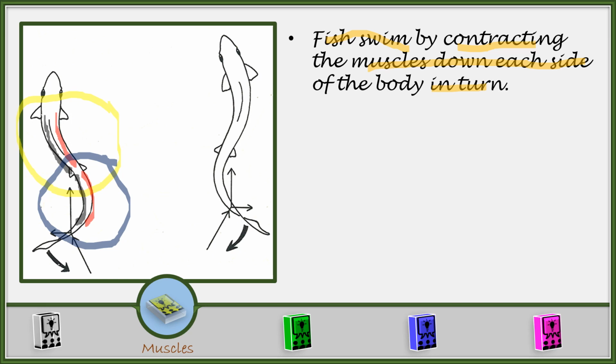That's what we are saying, that the muscles contract down each side in turn. When the red is contracting, the black is relaxing. If you come here, the black is contracting and the red is relaxing. So they are doing it in turns.